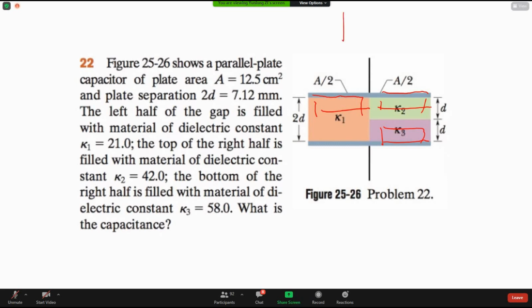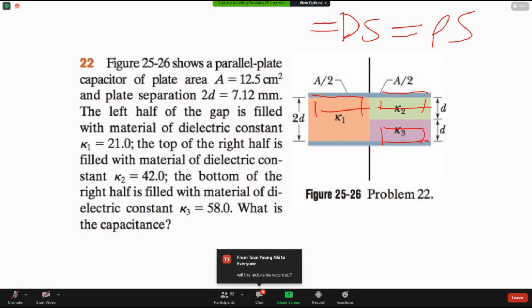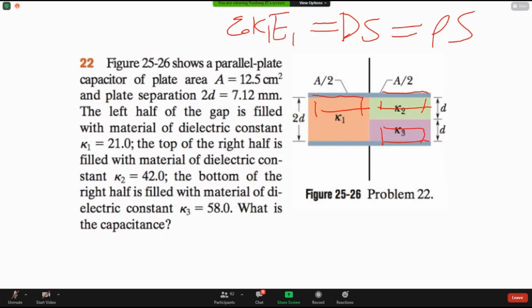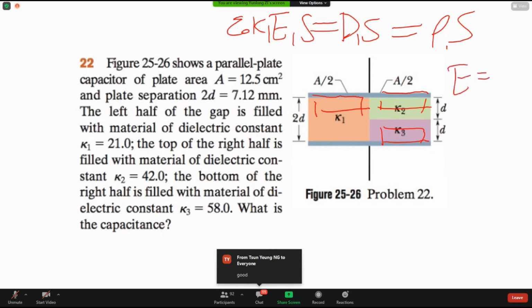Basically, the displacement vector D equals the charge density sigma. D equals epsilon 0 kappa times E. If it is kappa 1, E1, this is D1 equals sigma 1, where sigma 1 means the charge density on the left side. So you can solve for E1: E1 is just sigma 1 over epsilon 0 kappa 1.